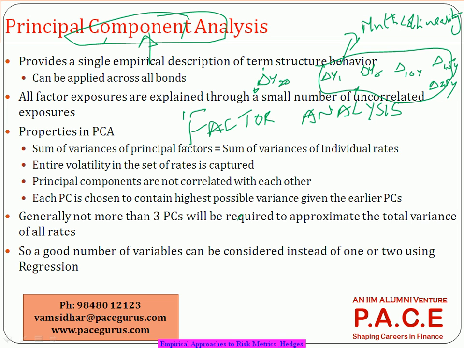So there are so many correlations that have to be computed. But if the number of variables is reduced to 4 or 5, the whole complexity of the analysis is completely reduced. So principal component analysis targets that particular aspect, wherein the whole set of variables is reduced into 3 or 4 components.